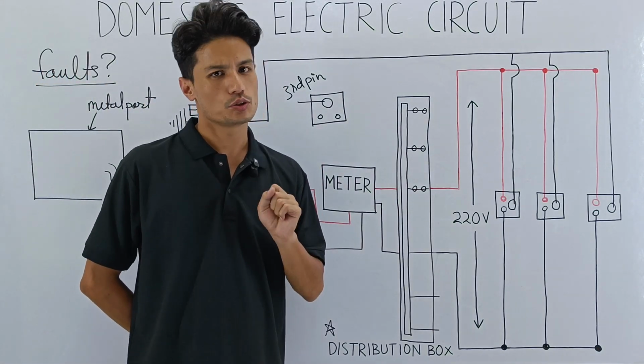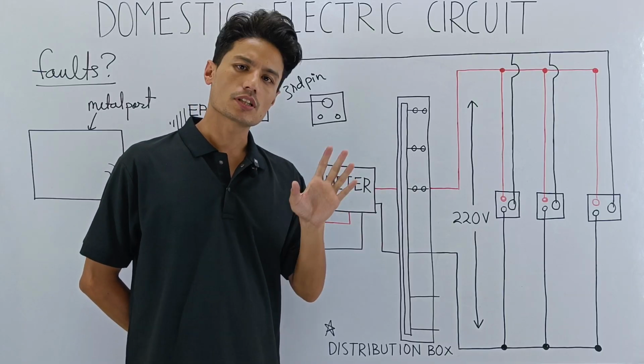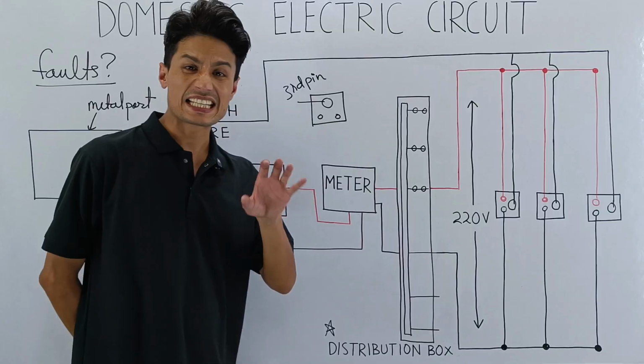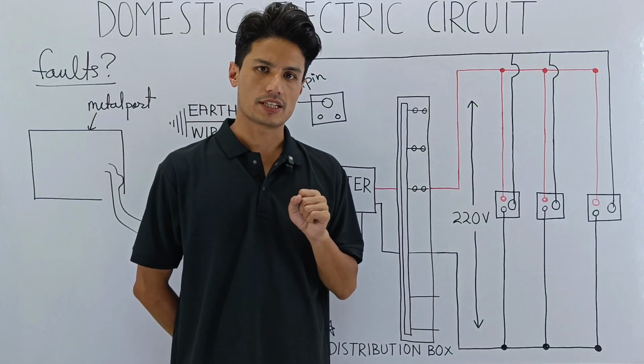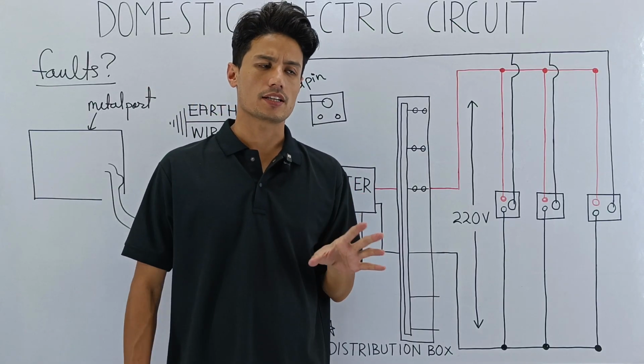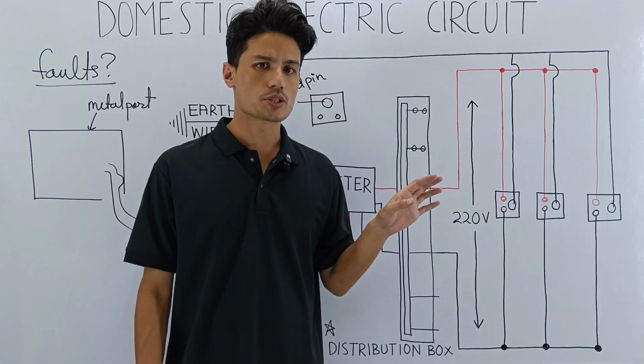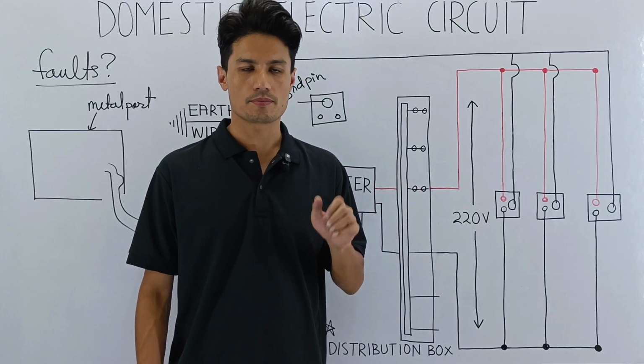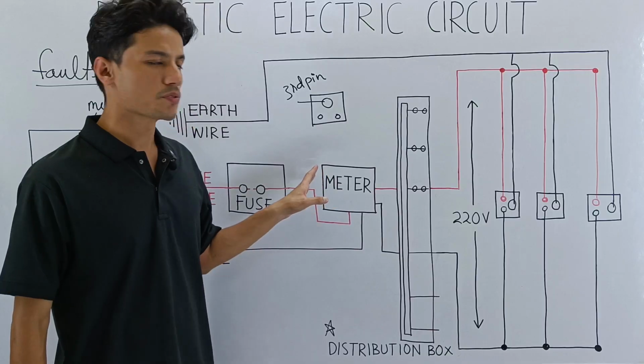Is this good? No, it's not at all good. So how do I prevent this? This is a very lethal and dangerous situation, and I don't want anybody to go through it. But mind you, my dear students, people have died from these reasons.